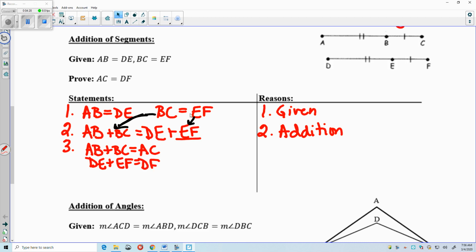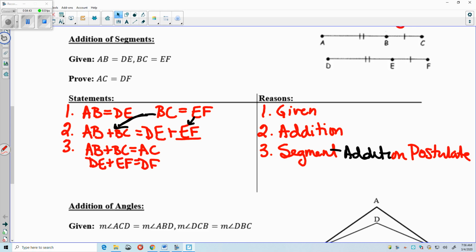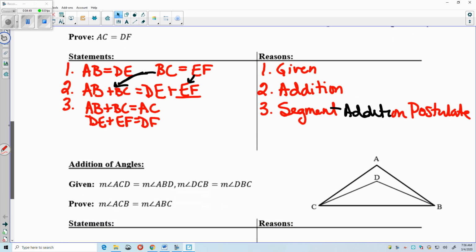So what we just did there was addition, but it was the segment addition postulate. And remember, a postulate is a statement assumed to be true. You don't have to prove that.